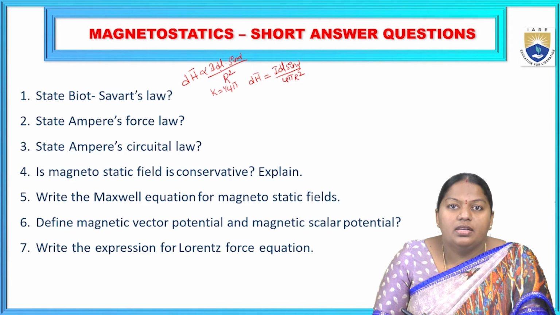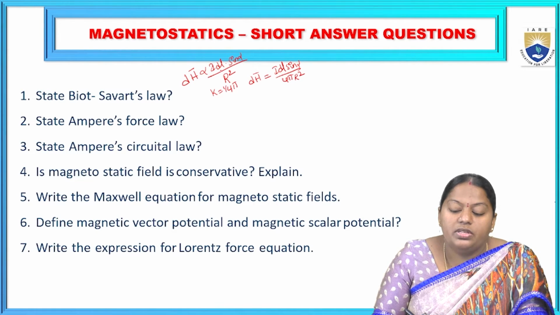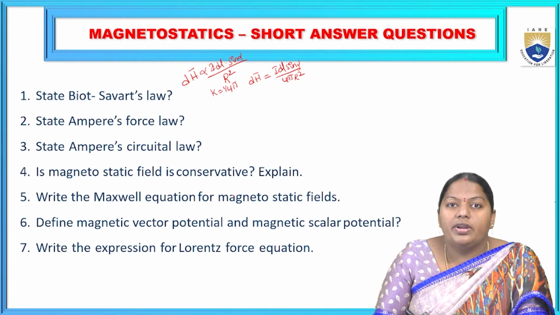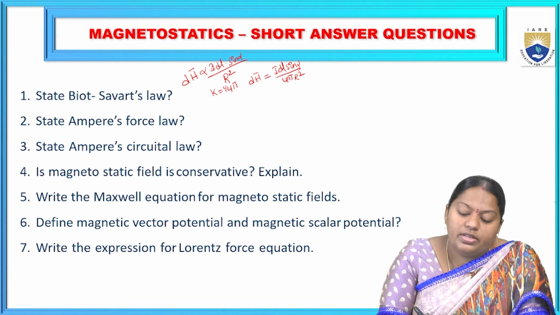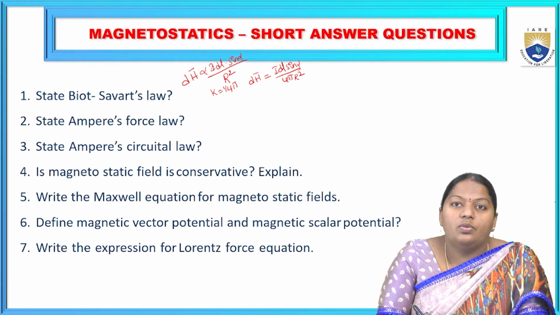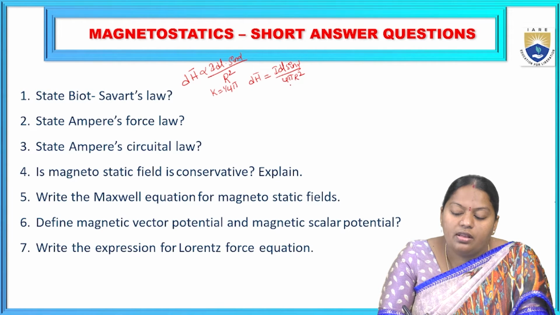Okay? The differential component of magnetic field intensity is directly proportional to the current element IDL and the sine of the angle between the current element IDL and the point P, and it is inversely proportional to the square of the distance between the current element IDL and the point P at which the magnetic field intensity H needs to be evaluated. So dH is equal to IDL sine alpha by 4 pi r square.